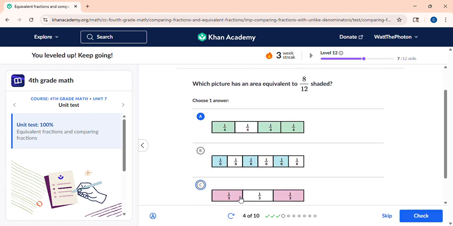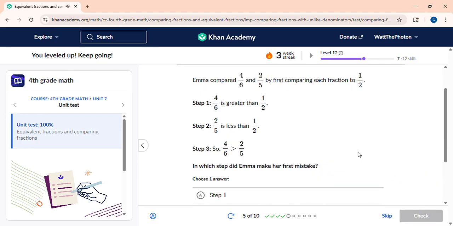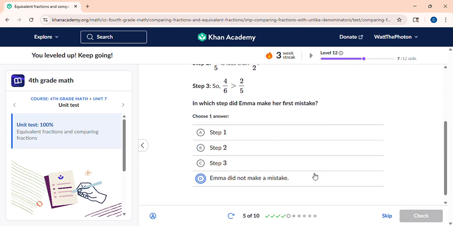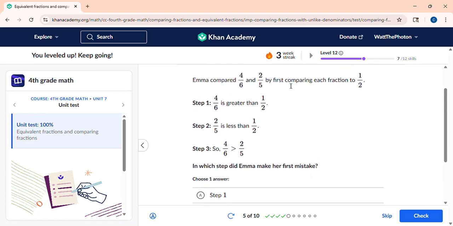Right, so 1/2, 2/3. Wait, is this 2/3? That's 9/12. Divide each side by 4, that's 2/3, yeah. I don't see a mistake. Each fraction to 1/2. Yeah.